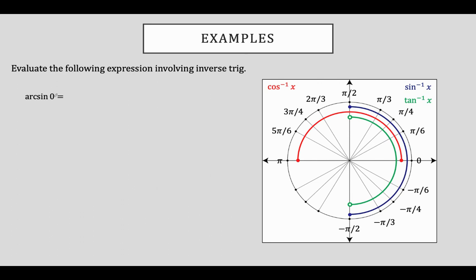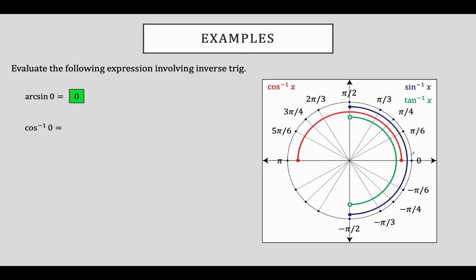Remember, inverse trig: we plug in a number, we get out an angle. This is the angle that has a sine value of 0. Now, that angle has to be between negative pi over 2 and positive pi over 2. What angle between negative pi over 2 and positive pi over 2 has a sine of 0? Well, that's going to be the angle 0. 0 is our answer.